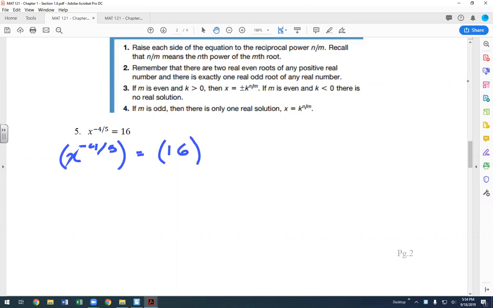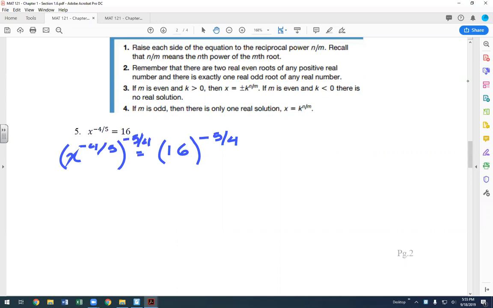Keep it? So will I include that when I'm raising it to 5/4? Actually, I will. You know why? Because I cannot have x left with a power of -1 either. I need my x to be a positive exponent. So I'm actually going to raise this to -5/4. Okay?